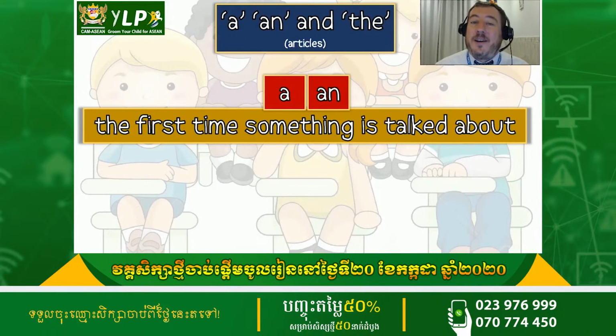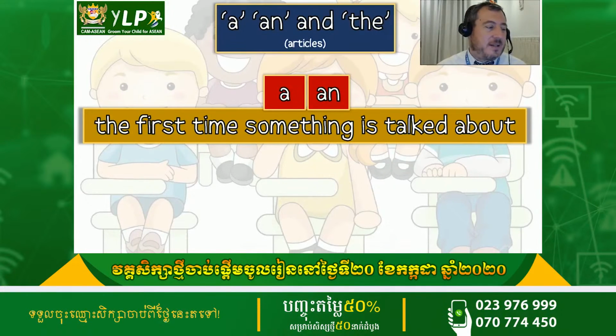So another difference between a and an and the, it's kind of the same, but we'll just look at it in a slightly different way. When we are talking about something, the first time we mention it, we would often use a or an, because the person we're talking to doesn't know which thing we're talking about.